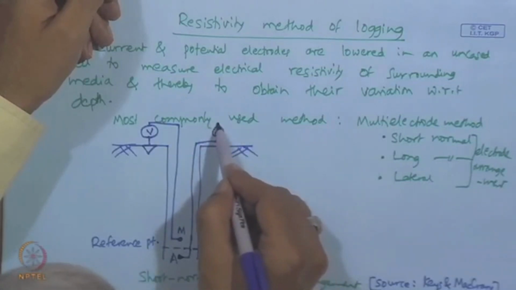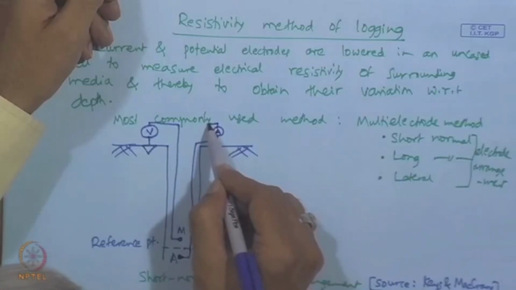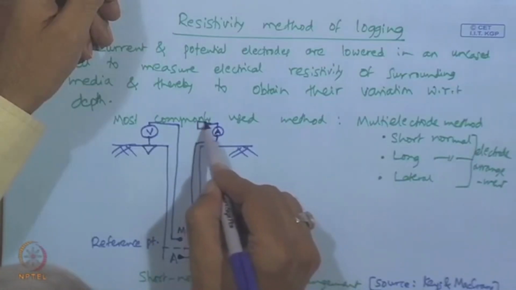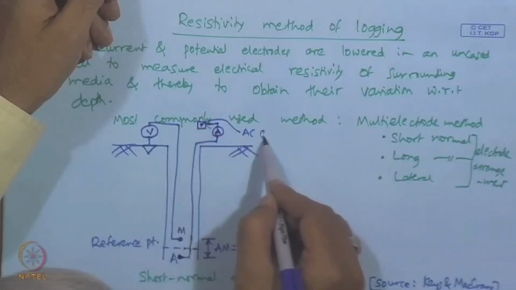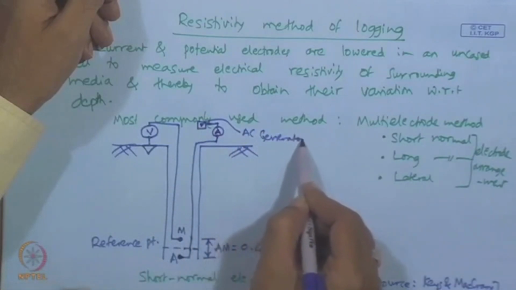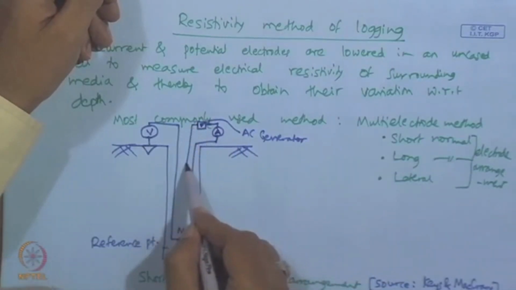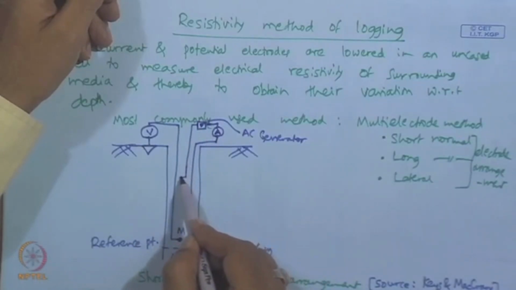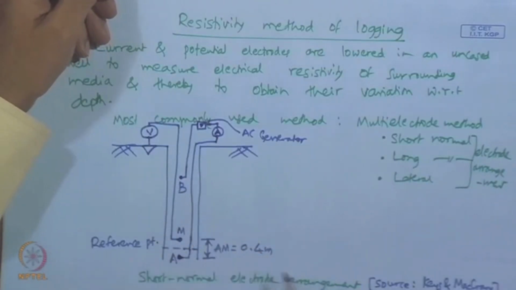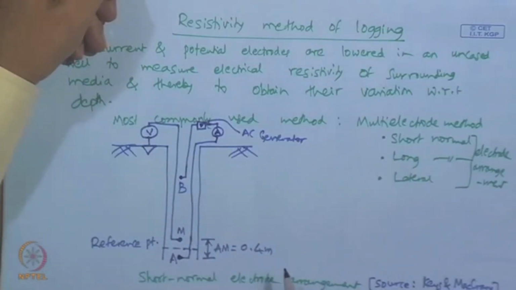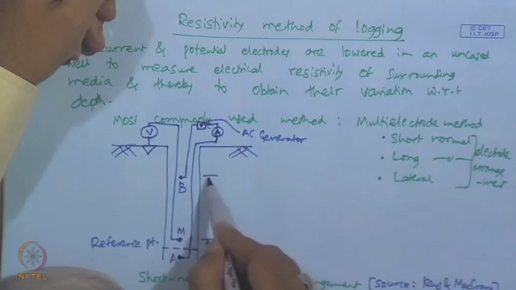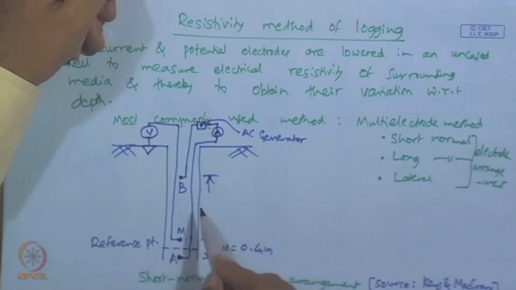Here is the ammeter, and there is an AC generator. From the AC generator, there is another current electrode which is going to point B, and the vertical distance between B and M is around 15 meters.